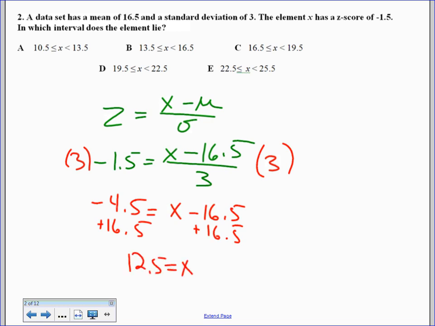So in which one of these intervals is 12.5? This one says x is greater than or equal to 10 but less than 13, and 12.5 would certainly be in there, so that is the right answer. It's not in B because x is greater than 13. This interval is between 13.5 and 16.5.